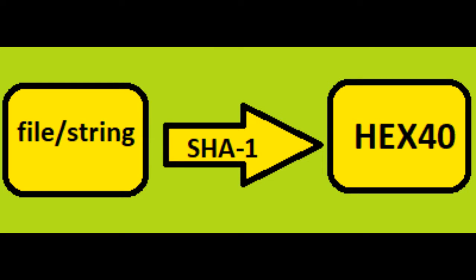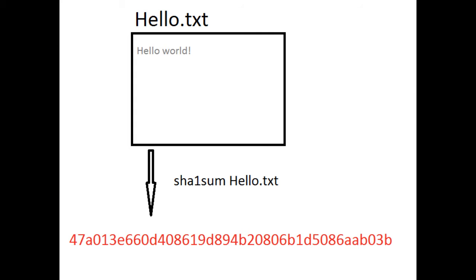The SHA-1 is a function that takes a file or a string and returns a hex 40 numeral. For example, if you take the line "Hello World," SHA-1 returns the numeral 47A0, etc. This value is the same for the string and any file containing this string.